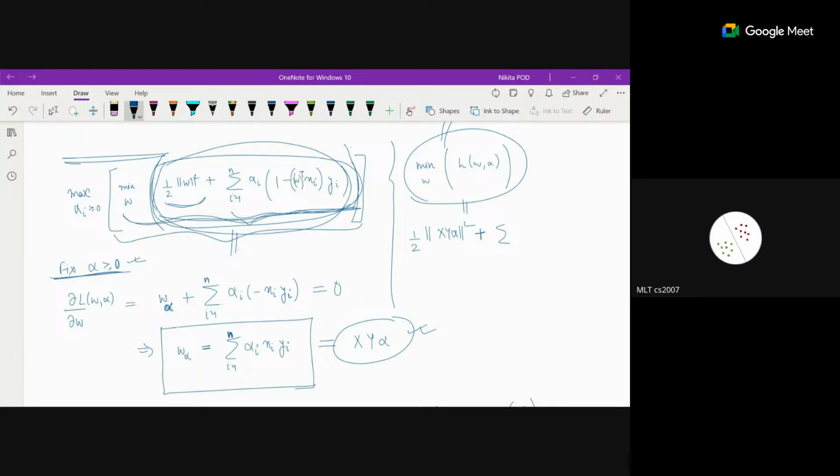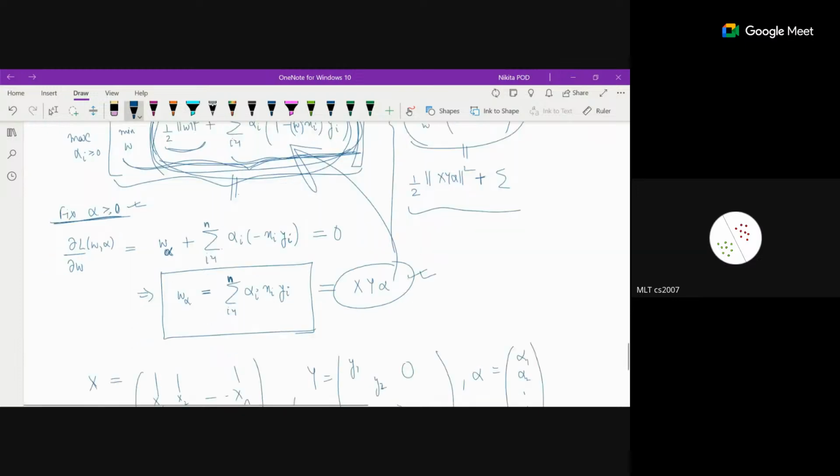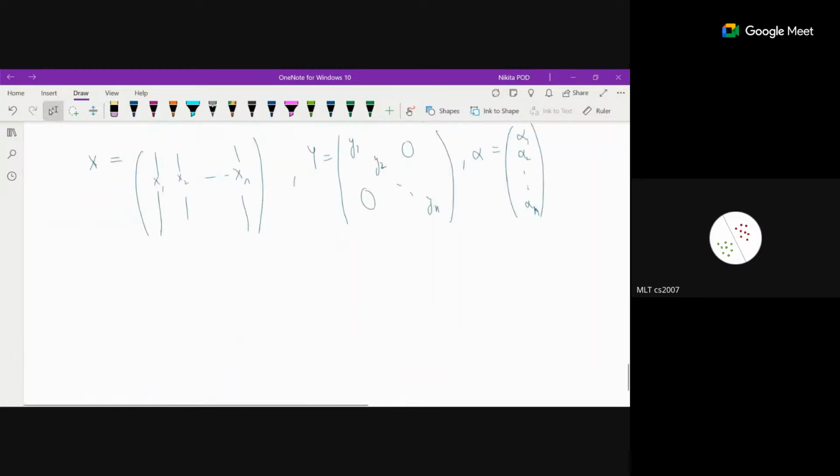And when we solve this problem, when you substitute this W to be xy alpha, this was max over alpha greater than equal to 0.